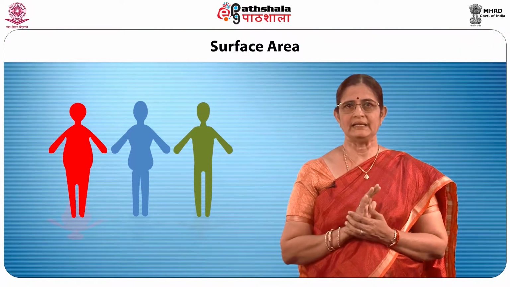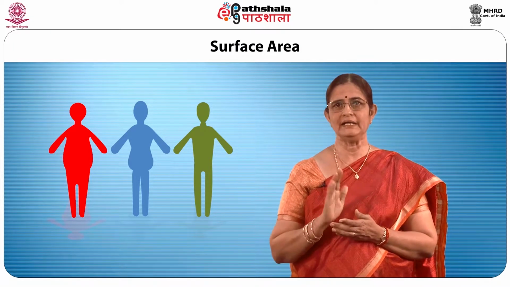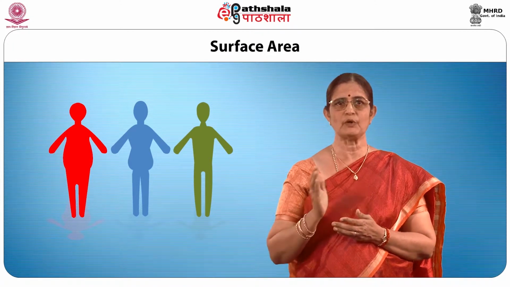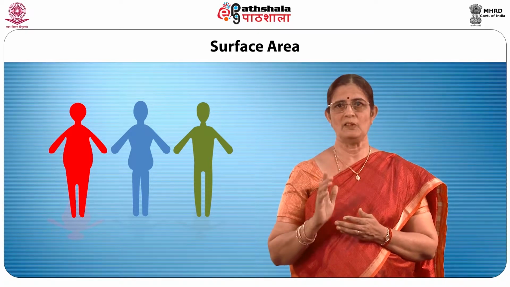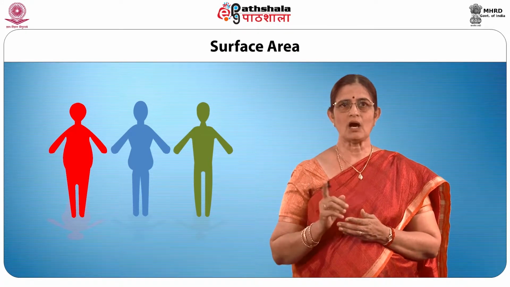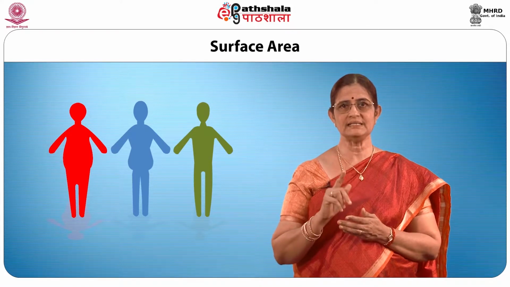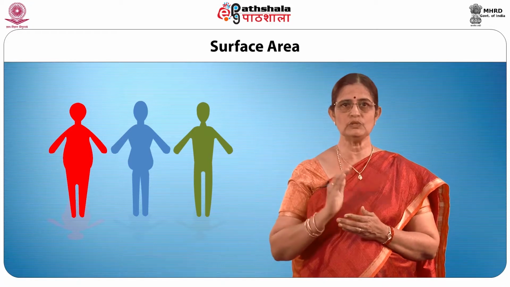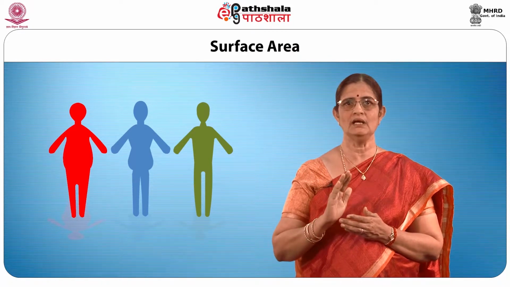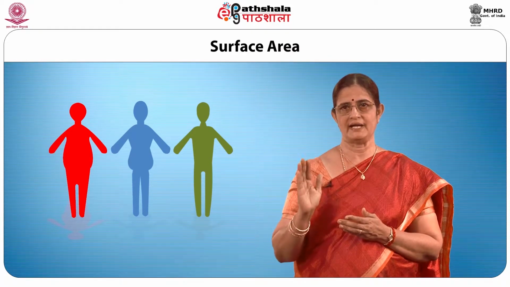Now, we will see the first factor, surface area. The basal heat production and heat loss is directly proportional to skin surface area. For example, a tall thin person has a greater surface area than an individual of the same weight who is short and fat.